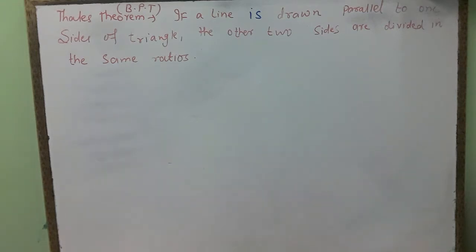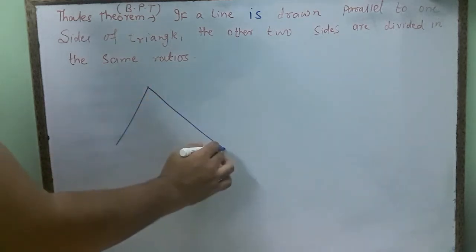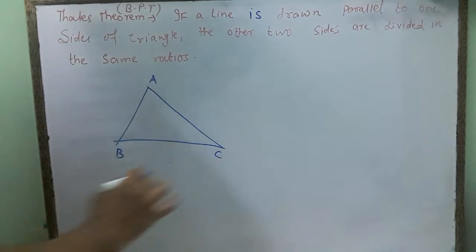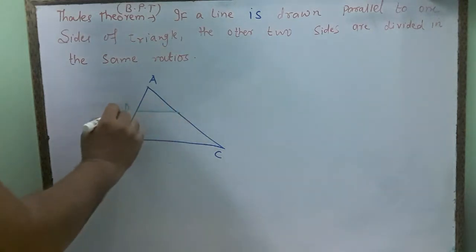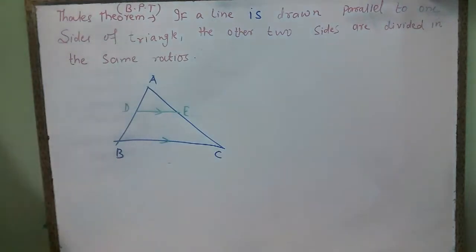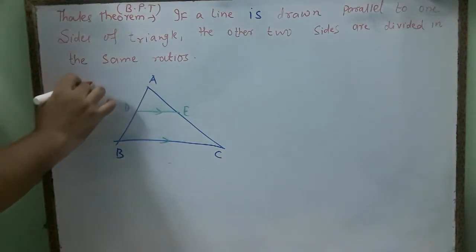So first let's see its meaning. What is the actual meaning of this? Suppose I have drawn a triangle ABC, and now I draw a line parallel to BC. This line DE is parallel to BC.